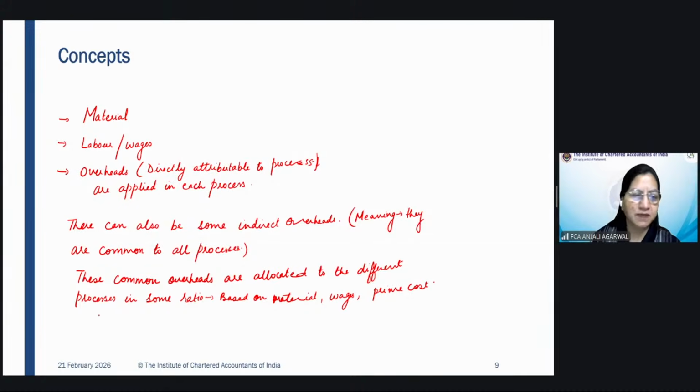But if nothing is mentioned, we will allocate on the basis of wages.